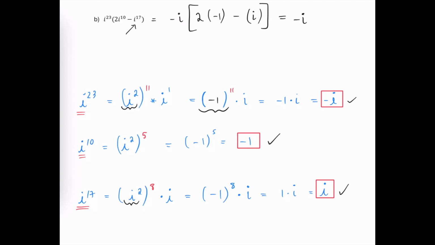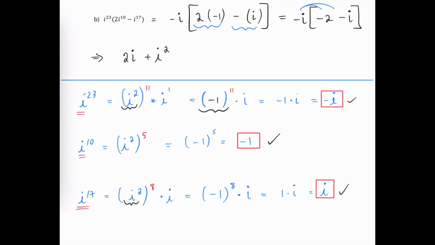So let's start with the negative i on the outside, and again open up this bracket. Inside here we have 2 times negative 1, which is going to be negative 2. And from that we subtract i, and then close the bracket. Now let's distribute this i into the parentheses so that we get positive 2i plus i squared. Now in this computation, we've generated another i squared.